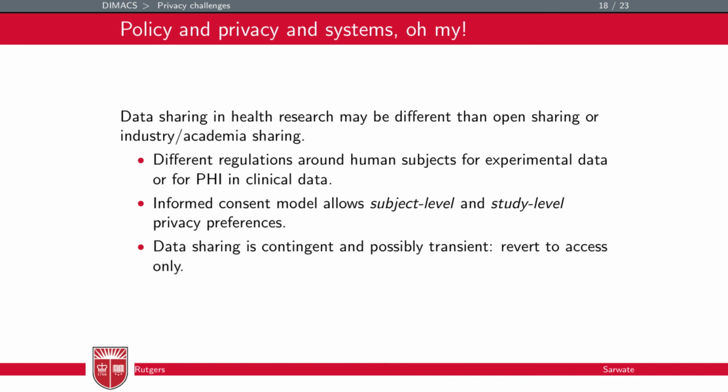This was brought up in the morning. Data sharing could also be contingent on the task, or it could be transient. The data might not be available tomorrow. And so sharing the data, or a version of the data, in air quotes, may not fly.